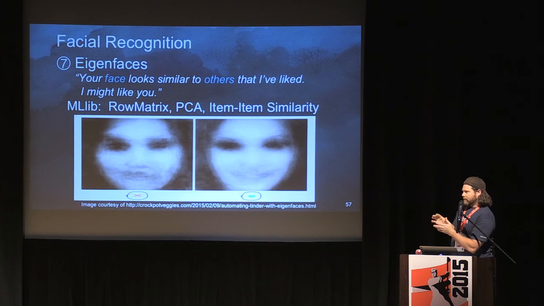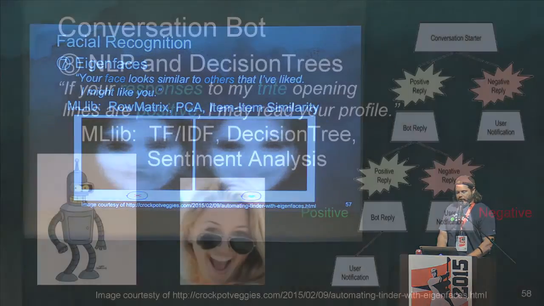I think typically about 150, 160 pictures is good enough. Then any future people that come along, the app would run it against this average and see if it was within some tolerance. If so, it would flag me and say, hey, this is someone that physically you might like, based on the 27 points or whatever it is for facial recognition.